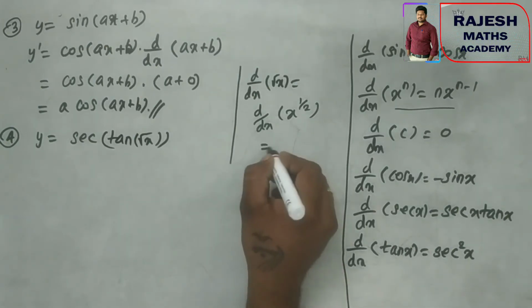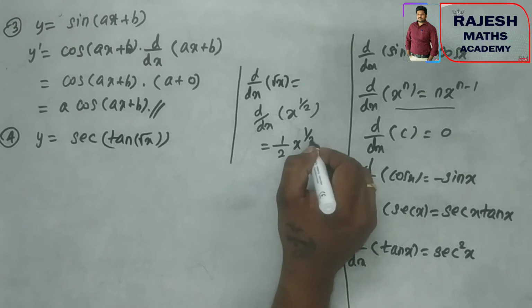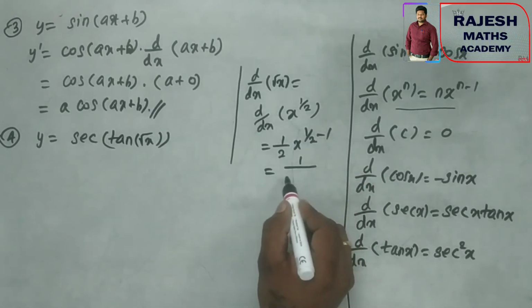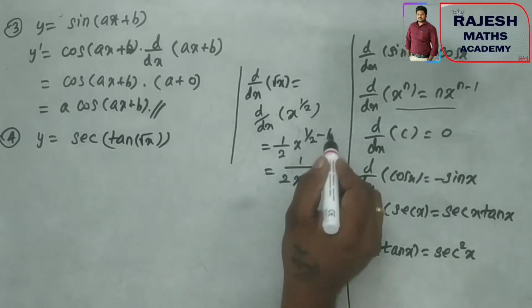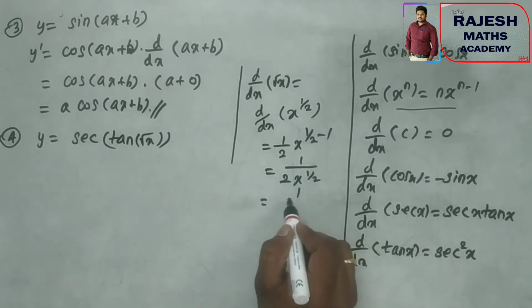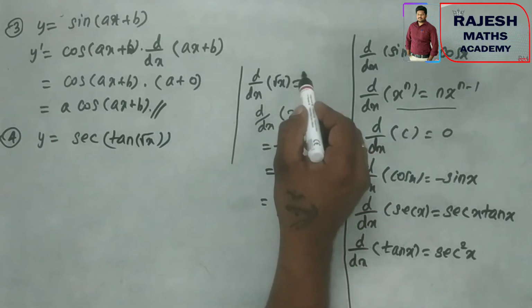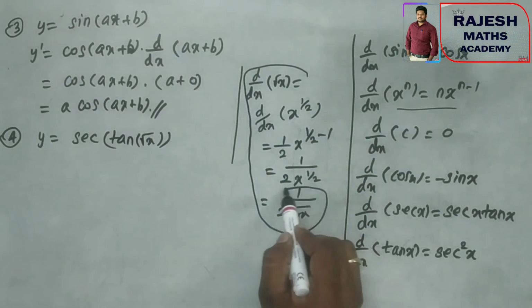So differentiating, 1 by 2 x power 1 by 2 minus 1, that is 1 divided by 2 into x power minus half, and writing in the denominator x power plus half, so 1 divided by 2 times root x. So d by dx of root x equals 1 divided by 2 root x.